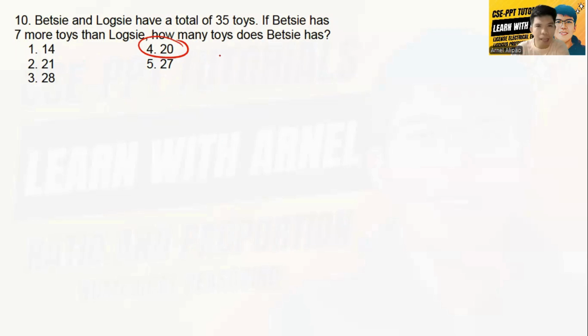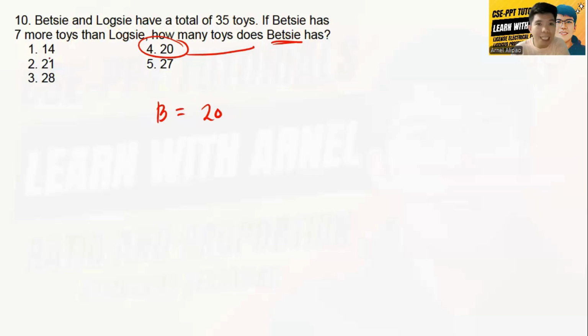So what's being asked here? How many toys does Betsy have? If this is going to be our answer, this is the number of toys Betsy has. Okay, so Betsy has 20 toys. This is trial and error. So what is being given as a condition?